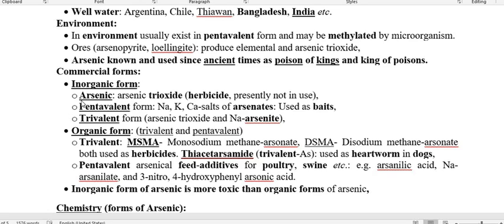If you consider the organic forms as herbicides, the two most important organic forms of arsenic are MSMA and DSMA.